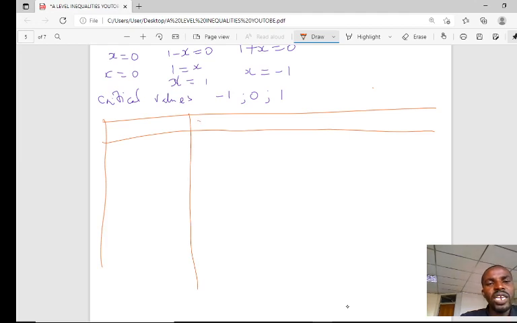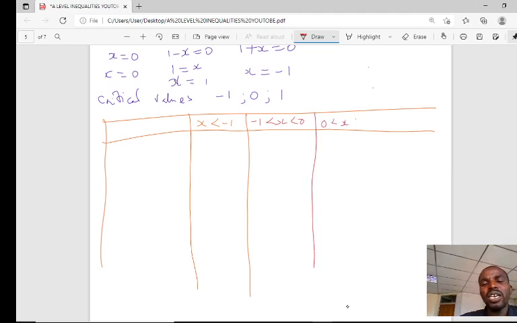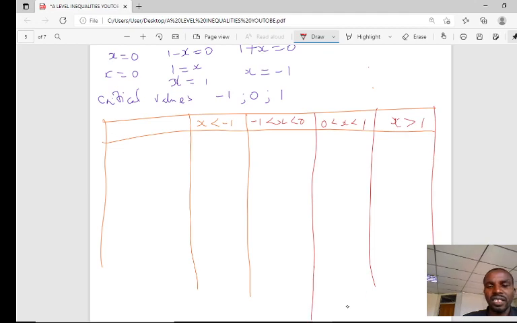So the first one, it will be x less than the smallest number, which is -1, then followed by x lies between these numbers -1 and 0, then x lies between 0 and 1, then the last one, x greater than the bigger number, which is 1 in this case, then done.